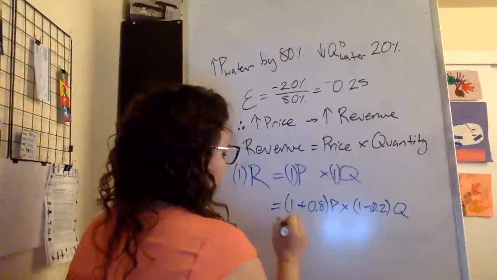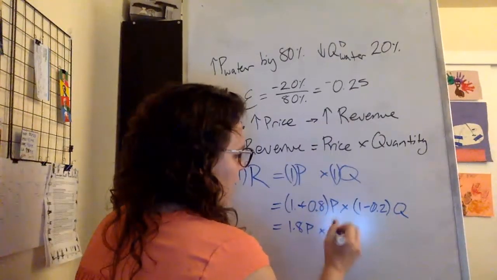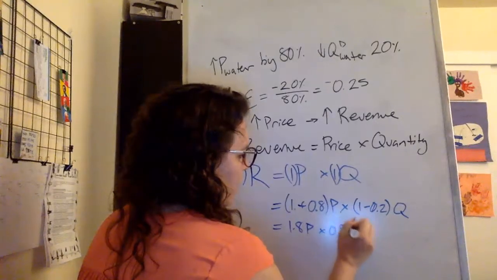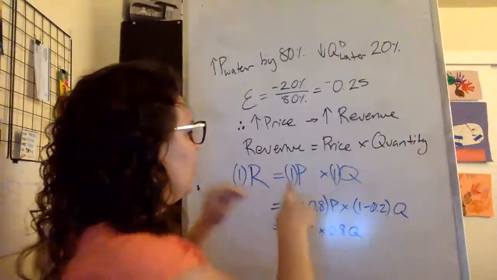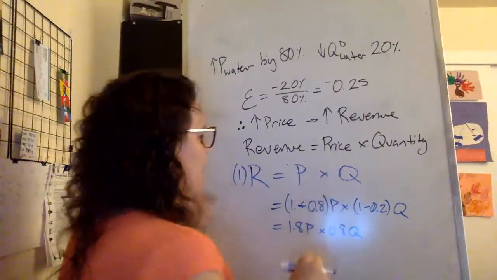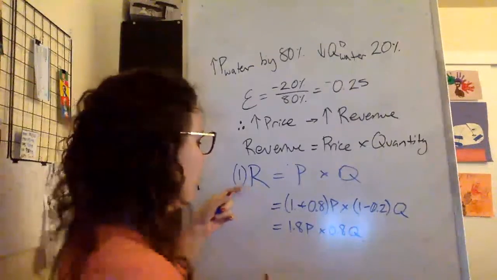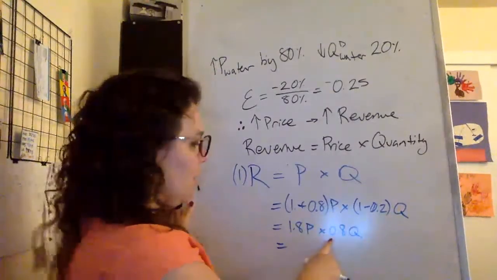So revenue is now equal to 1.8 P times 0.8 Q. Then we can factor out that PQ part that we started with, and that's going to give us our effect on revenue. So we multiply 1.8 times 0.8.